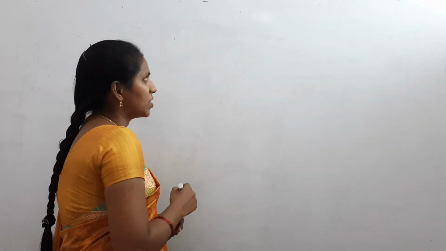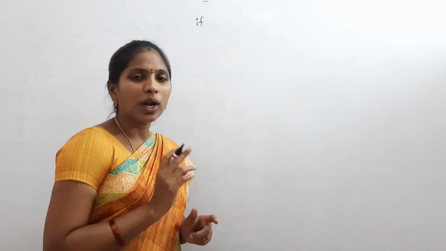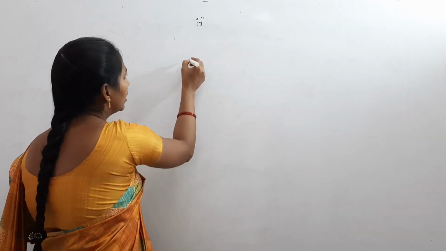Now before going to write a C program, you should know control statements in C language. One of the control statements in C language is if. It has 4 types. One is simple if, second is if else, third is nested if, and fourth is if else ladder. See the syntax of the if control structure.